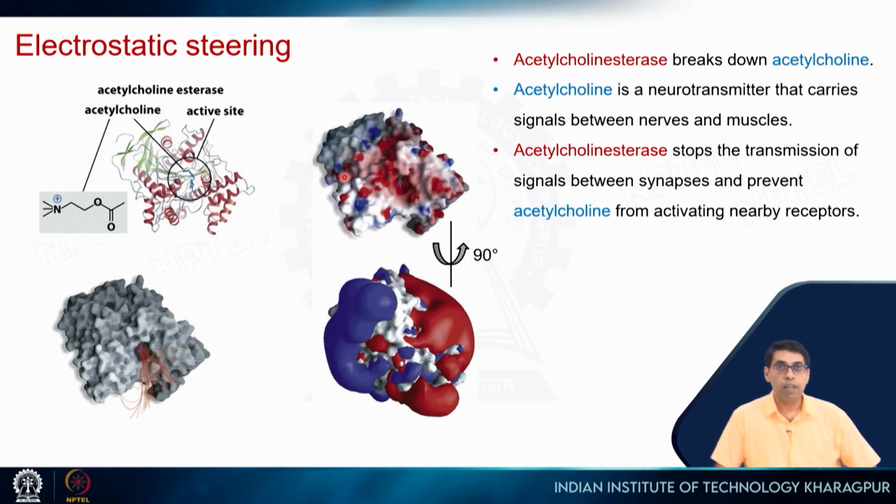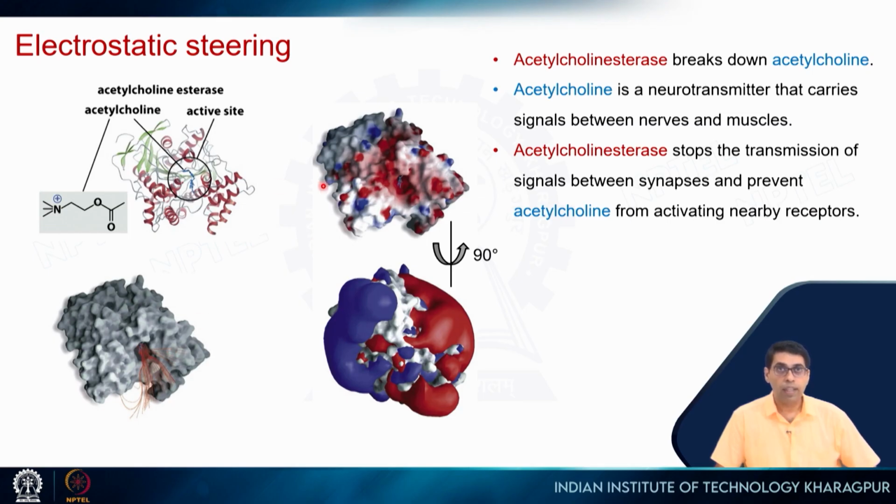This is the cartoon representation of the protein, and this is the surface representation, and in this case the side chains are colored in red and blue. Oxygen is red, nitrogen is blue. Aspartic acid and glutamic acid side chains have negative charges, and arginine, lysine, histidine have positive charges. So, red means negative charge, blue means positive charge, and you can see the active site is here. This is the same orientation and this is the active site.